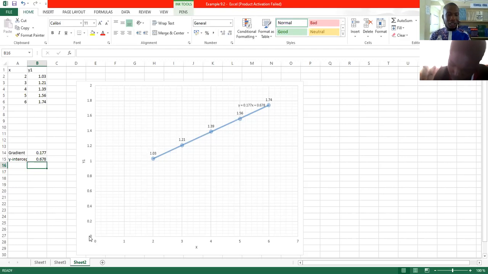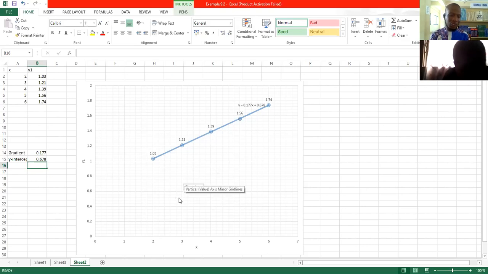We are now to use our graph to estimate, correct to two significant figures, the values of P and N. In estimating it, I have decided to use the first point: the x value is 2, and the y1 value is not exactly on the line, but by the scale it gave us 1.03.